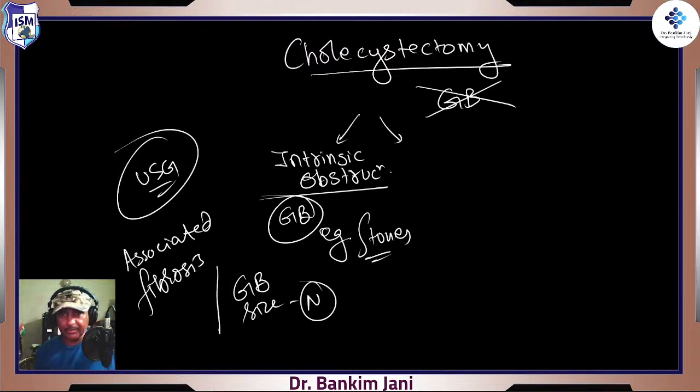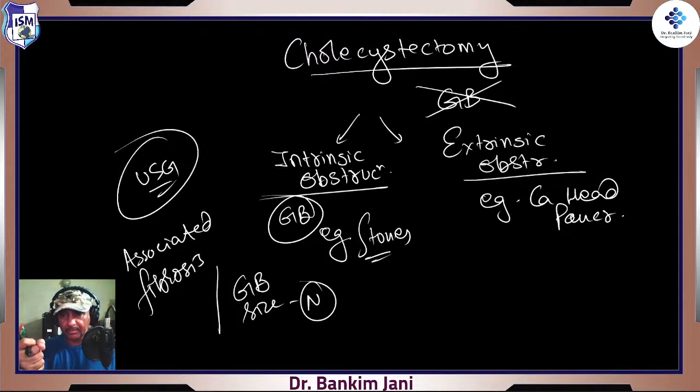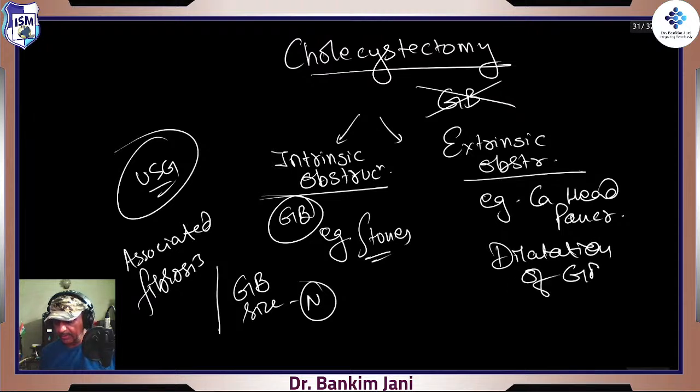And when we talk about extrinsic obstruction, that means the obstruction is from outside. Say, for example, CA pancreas, CA head of pancreas. This pancreas has choked the common bile duct. That means the back pressure will lead to dilatation of the gallbladder, right?